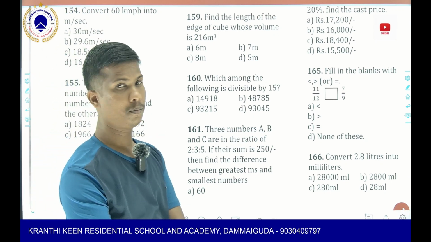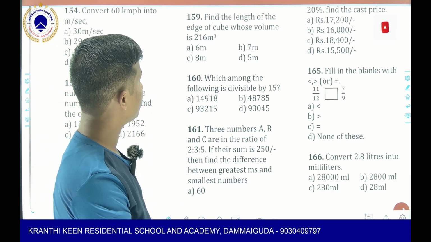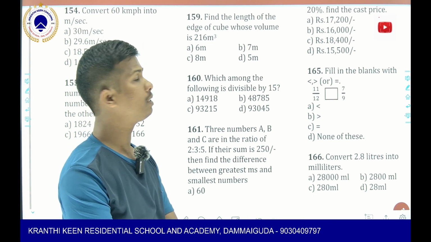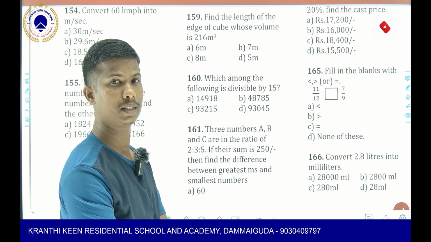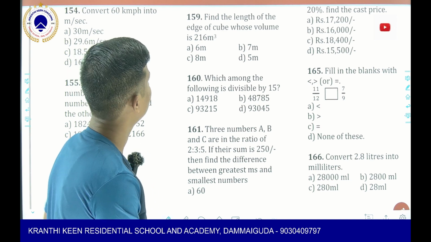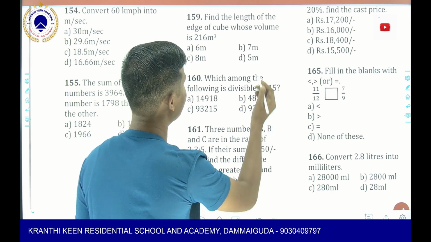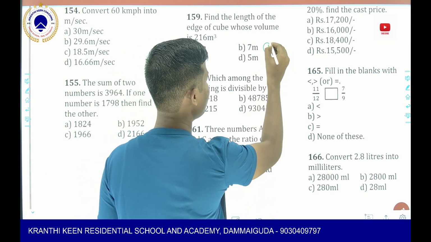Find the length of the edge of the cube whose volume is 216 meter cube. Now you see, what is the formula of the volume of the cube? A cube.